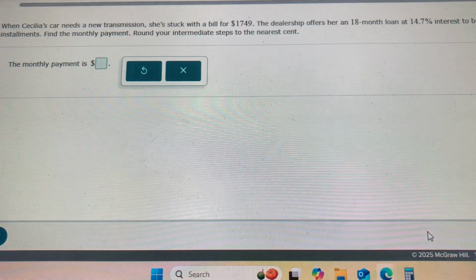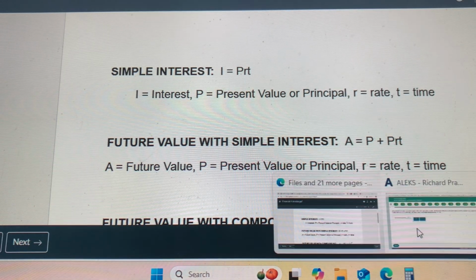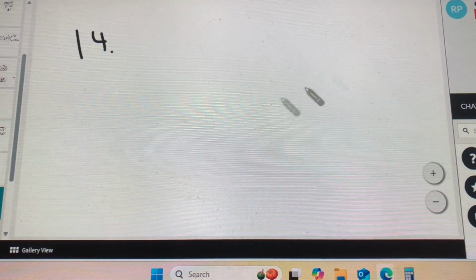But if she has this bill to pay, she could pay it right now if she had the money, but she doesn't. So by taking a loan, she's going to end up paying more in the future than she's getting right now. So to me, it makes more sense that we'd be using the future value formula. And let's calculate the future value first.